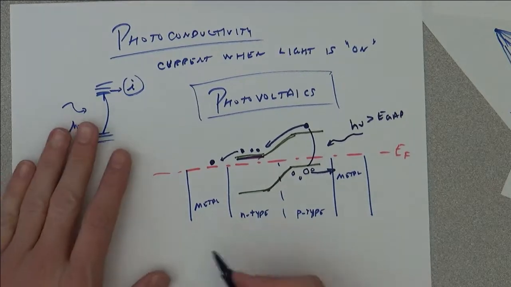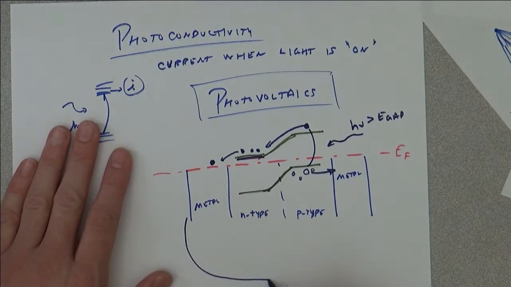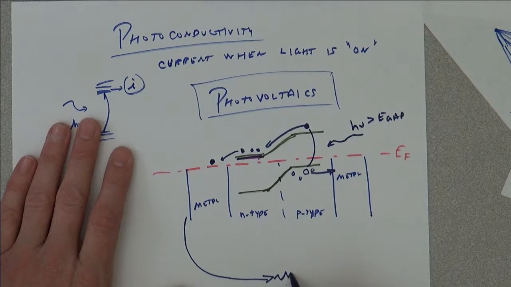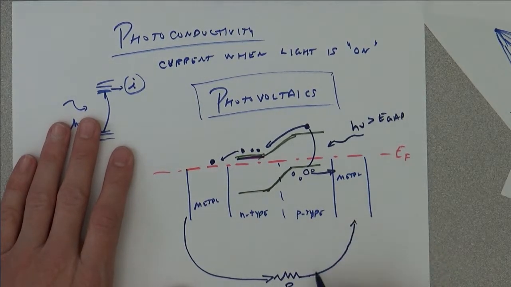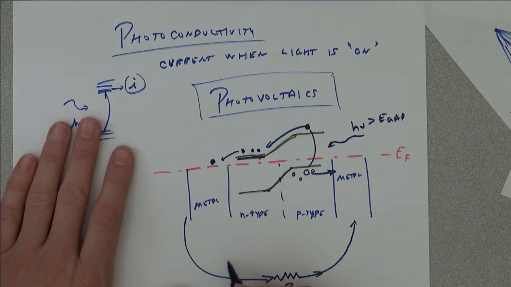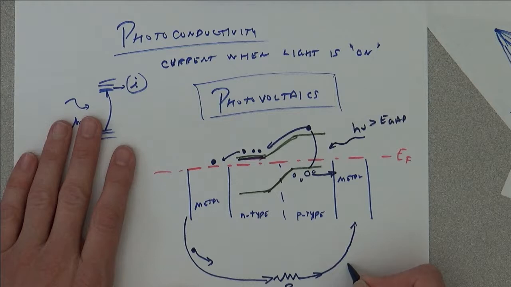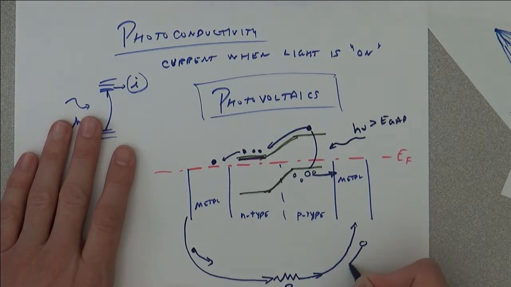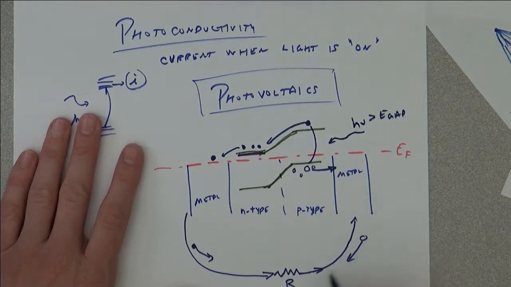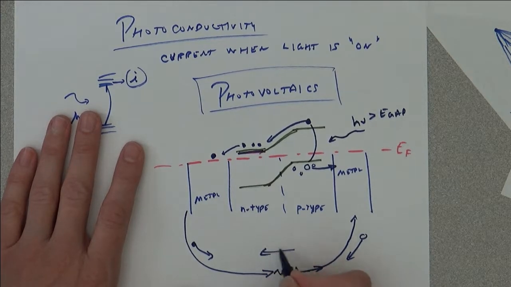So essentially now we have our outside work. We have electrons flowing that way, holes flowing that way, so we have a current.